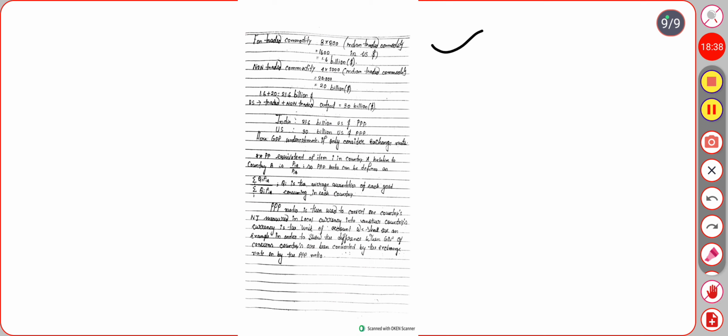And for the non-traded commodity, 4 is the Indian quantity and the price considered is the US price of 5,000, that is 20,000 and 20 billion dollars.